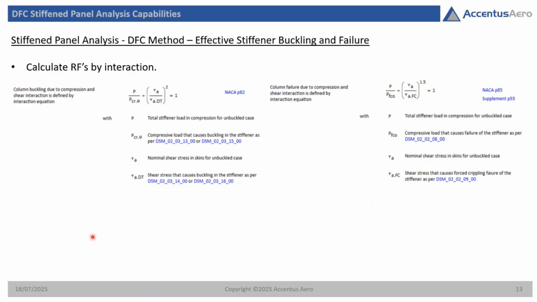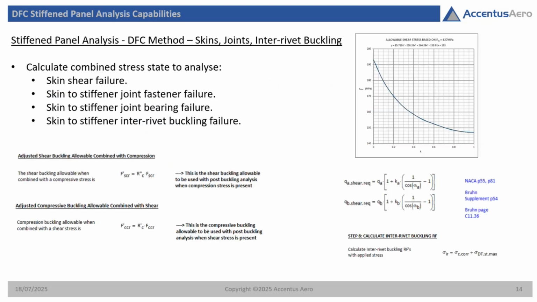And then we use the standard interaction equations to calculate the combined buckling RF or the combined failure RF for the effective stiffener. So that is then just the global buckling and failure RFs.